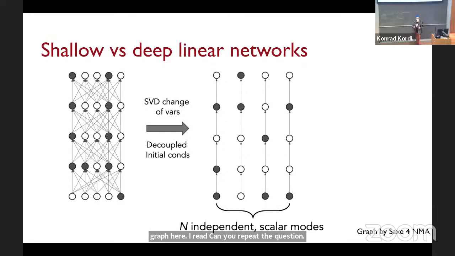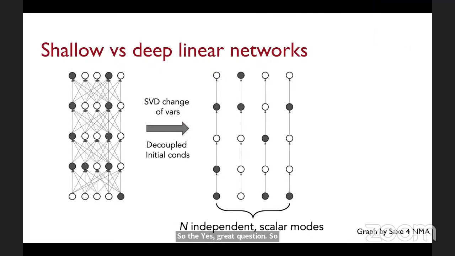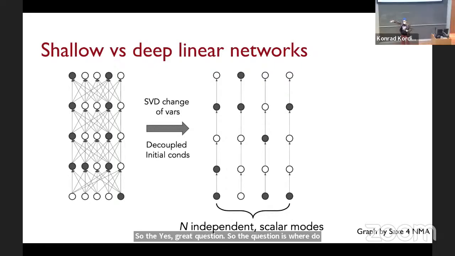So yes, great question. The question is, where do we see the singular values in this graph? What happens here is that on the leftmost linear chain, the input has high variance. On the second one, the input has less variance. On the third one, the input has less variance.